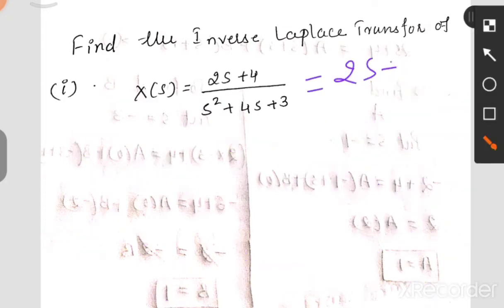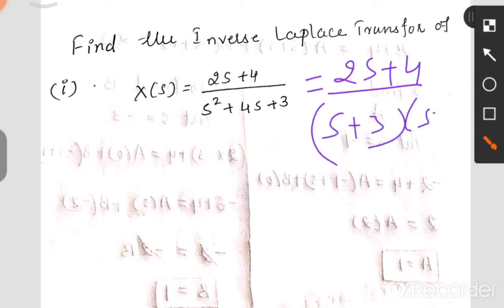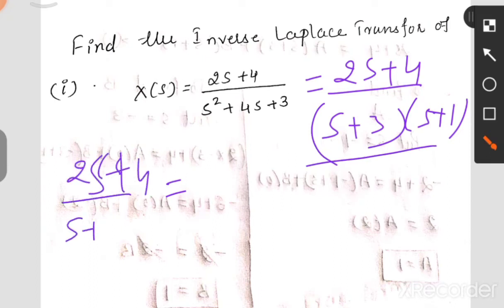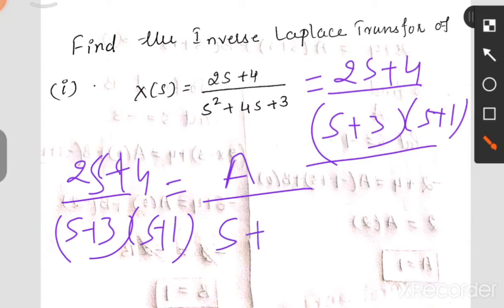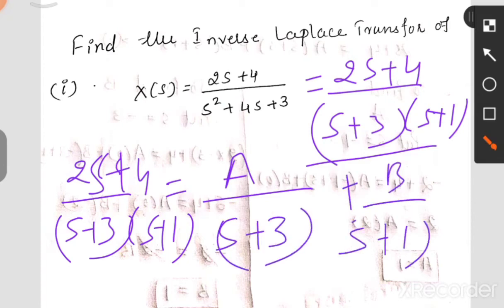It will be 2s plus 4 divided by s plus 3 into s plus 1. Use partial fraction, then you can write this entire equation, 2s plus 4 divided by s plus 3 into s plus 1, as, by taking two variables, A divided by the first factor plus B divided by the other factor.